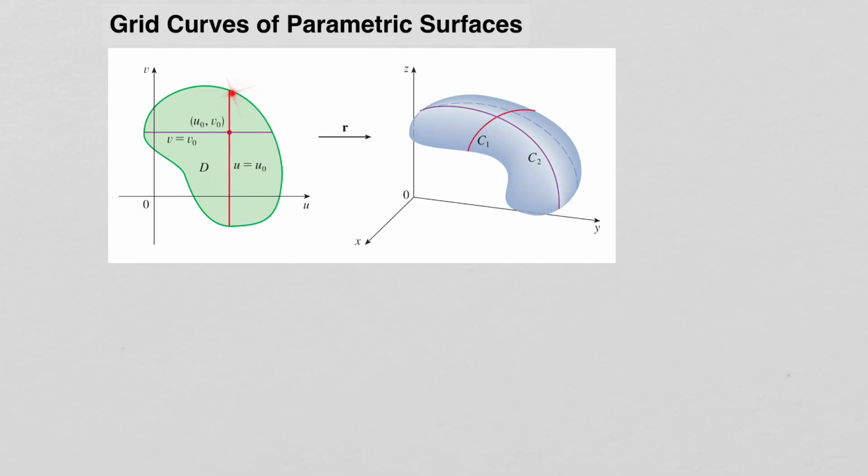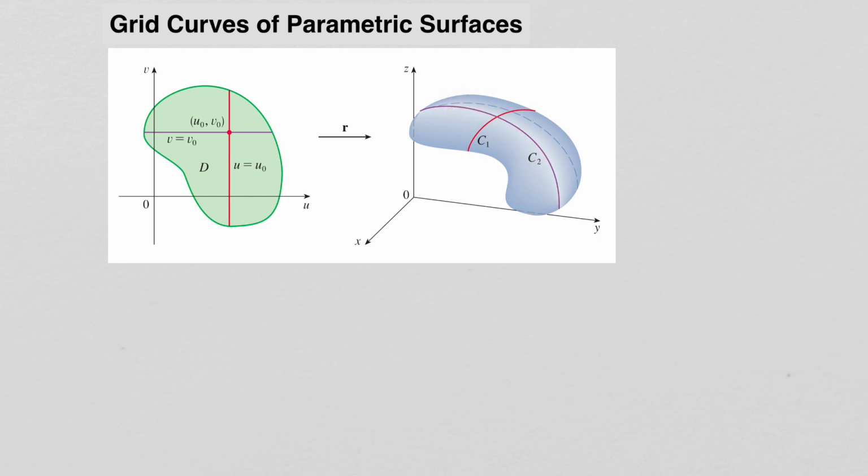So we get this vertical line here. That line is going to map over into the parametric surface as what is called a grid curve. We can also hold the variable v constant and let u vary in the domain, and that will give us another grid curve kind of going in the opposite direction there.